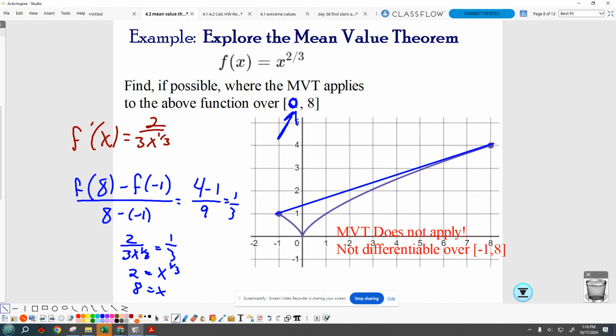So that one, I do guarantee an answer for that. Looks like it's some weird place in there. But 0 to 8, I guarantee you an answer. Cube root. Is it actually a 2? Could be.